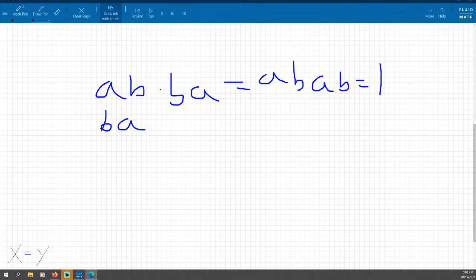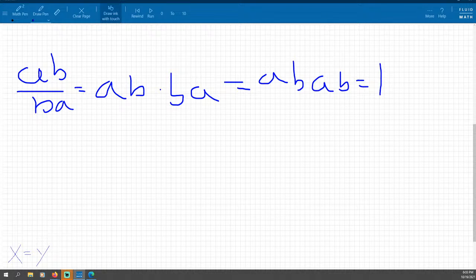So how do we prove this? If you have a times b over b times a, you can rewrite it as ab over ba, and that will equal 1.